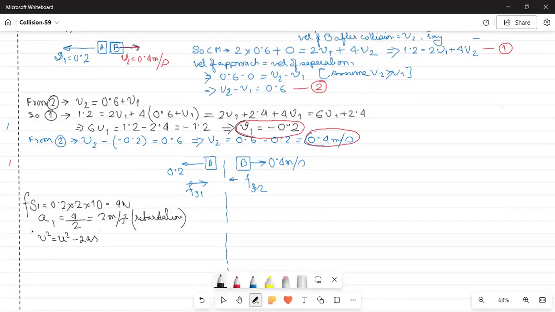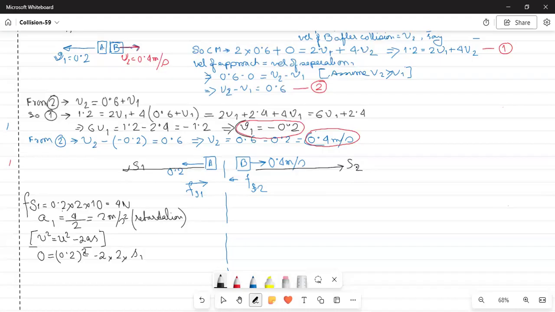We don't bother much about this. This is the formula. Using this formula, we can write final velocity 0 is equal to initial velocity 0.2 whole square minus 2 into its acceleration 2 into, say, it moves a distance S1, and this moves a distance of S2.